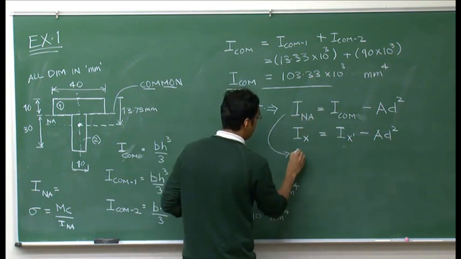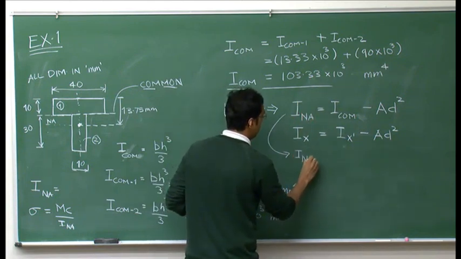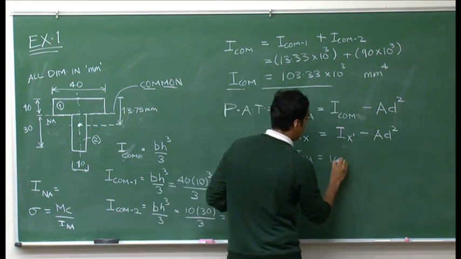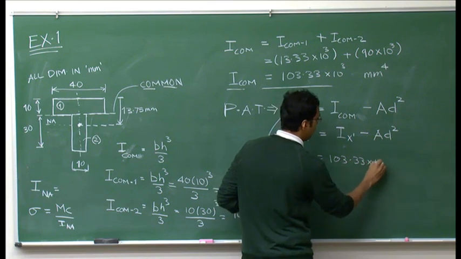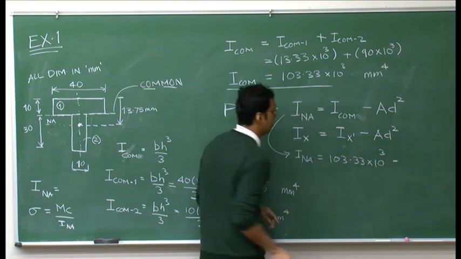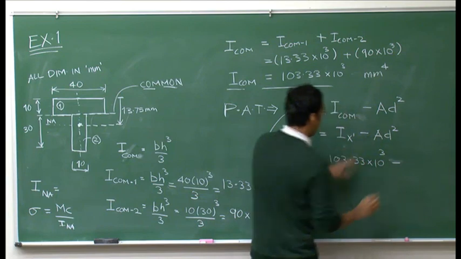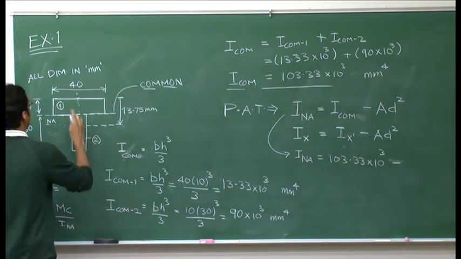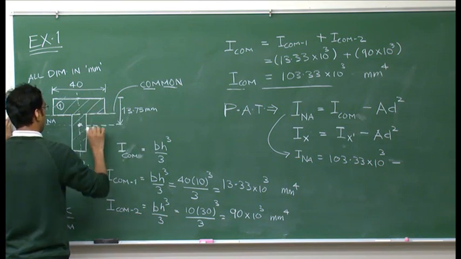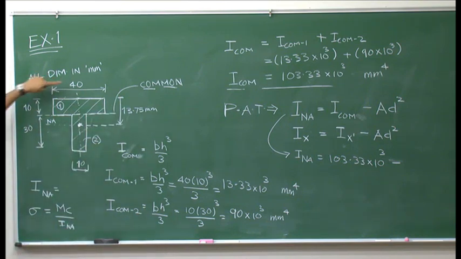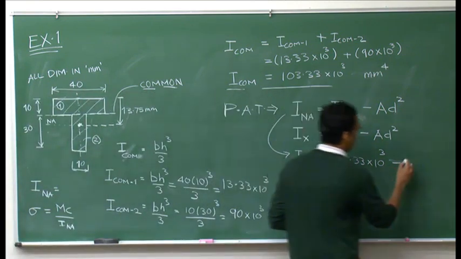Let's plug the values in: 103.33 into 10 to the power 3 minus A, which is the area of this T section, which is 40 into 10, that is 400, the area of the top rectangle, plus 30 into 10, which is 300. So 400 plus 300, the total area is 700.